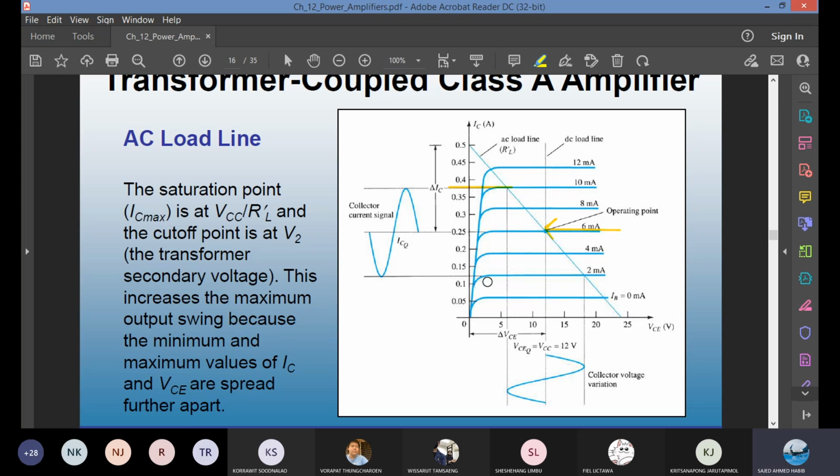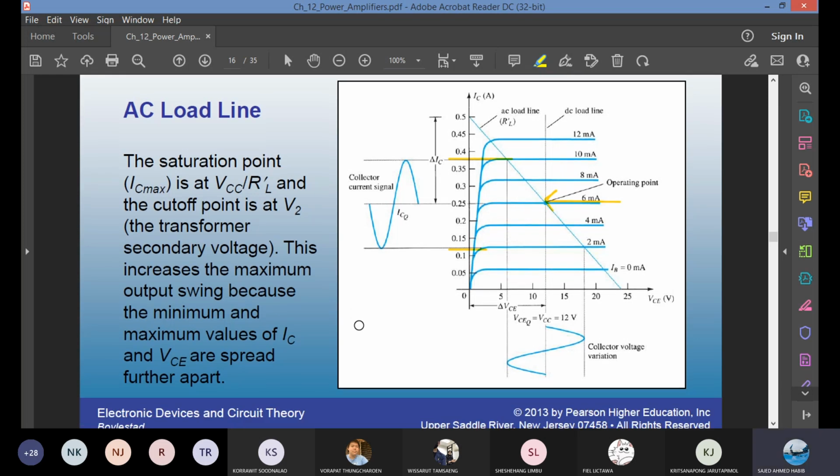From the two peak swing points, you can find I_C max, I_C min, and then V_CE max, V_CE min. The saturation point here is actually at V_CC over R_L prime. The cutoff point is related to the secondary voltage of the transformer. When the difference between the maximum and minimum values of I_C and V_CE is larger, the power efficiency will be larger because they are spread further apart.